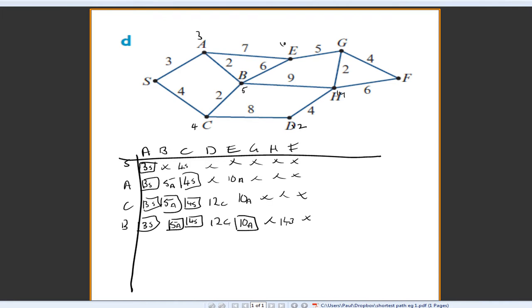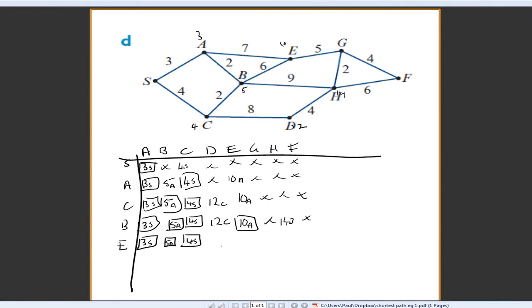Alright, 10 is the smallest value, so we're going to go to E. So we're going to be here on 10. Alright, rewrite all the boxed values. 3 from the start, 5 from A, it's getting smaller, 4 from the start, 12C. Oops, we shouldn't have written that one just yet, so I'll have to Control Z to undo that.